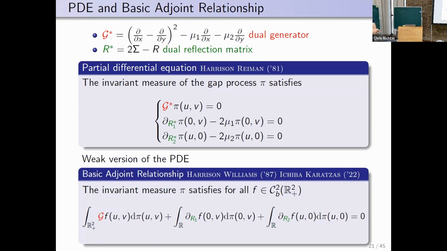In fact, if you take a weak version of this PDE, you obtain what is called in the literature the basic adjoint relationship. You just integrate this partial differential equation against a test function, which is bounded, C2. And in some sense, this equation almost characterizes the invariant measure.